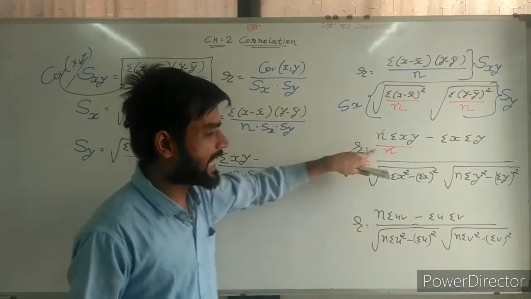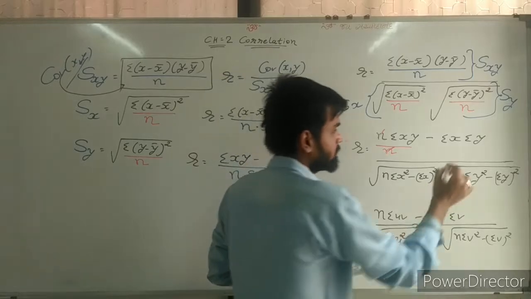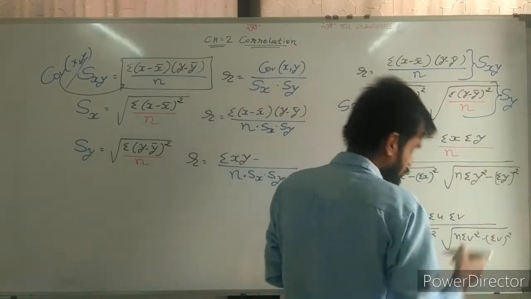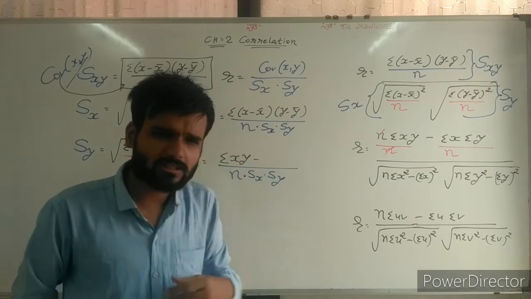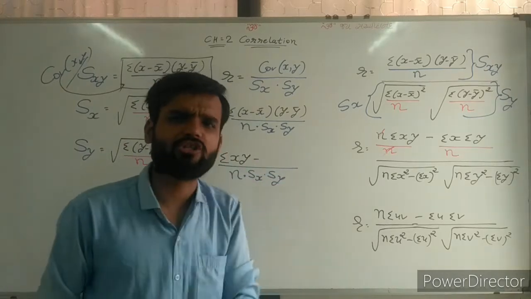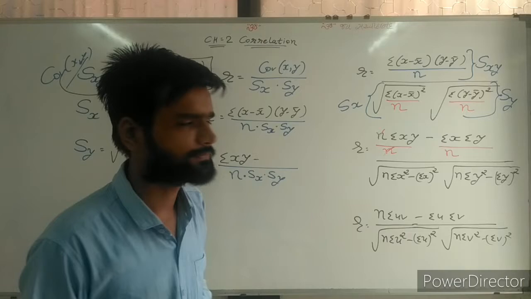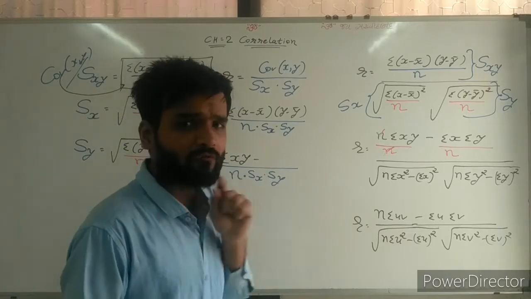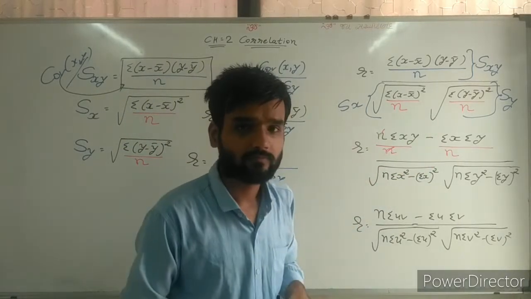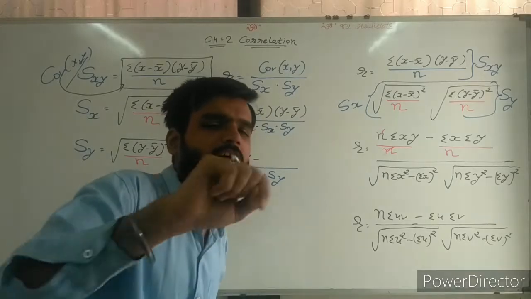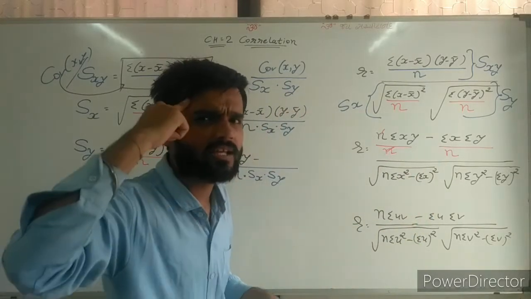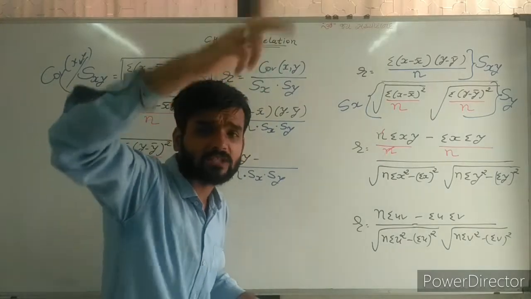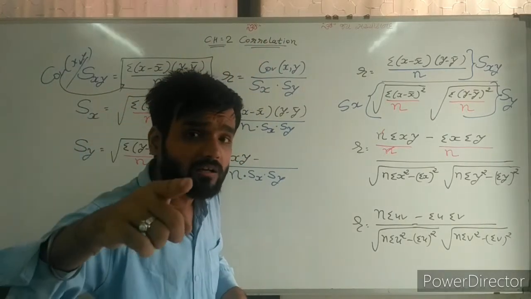Sir, if you are dividing by n here, then also here you need to divide by n. Now here something changes. Try to understand it. Now if I am dividing sigma x upon n, what should be the answer? Sir, sigma x upon n is x bar. Think. Sigma x upon n is x bar, sigma y upon n is y bar.